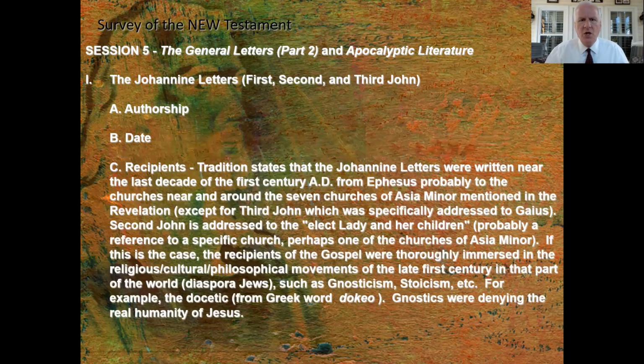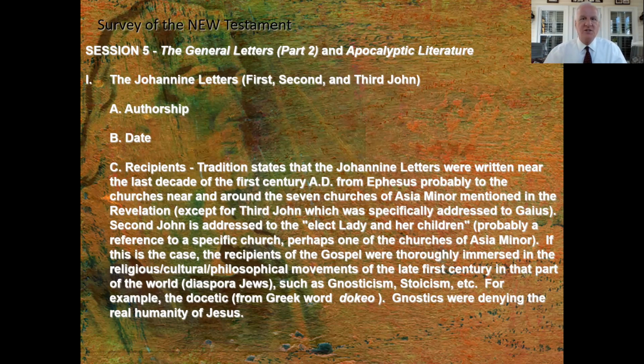Tradition states that the Johannine letters, First, Second, and Third John, were written near the last decade of the first century, probably from Ephesus, probably to the churches near and around the 7 churches of Asia Minor mentioned in Revelation, except for Third John, which was specifically addressed to Gaius. Second John is addressed to the elect lady and her children, probably a reference to a specific church, perhaps one of the churches of Asia Minor.